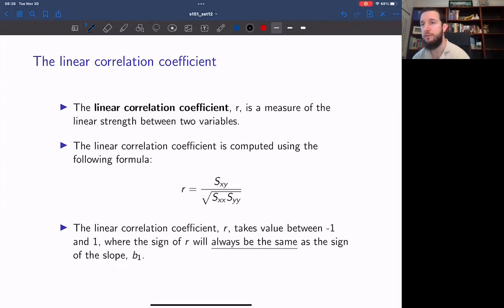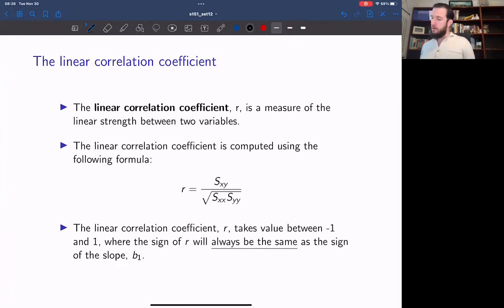The strongest possible linear relationships have correlation coefficients of -1 or +1. So recall that a linear relationship can be negative or positive. So if you have a perfect positive relationship, you're going to have an R of 1. And if you have a perfect negative relationship, you'll have an R of -1.